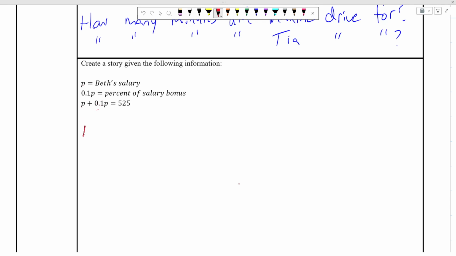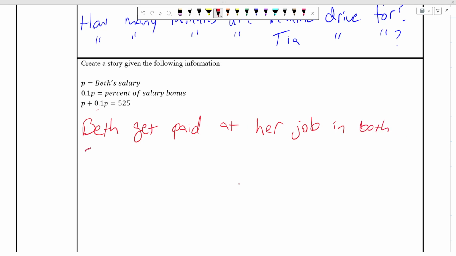So let's see, we have Beth. Beth's pretty wonderful, and she gets paid, of course. Everyone loves getting paid. And so she gets paid at her job in both salary, just straight salary, and a bonus.